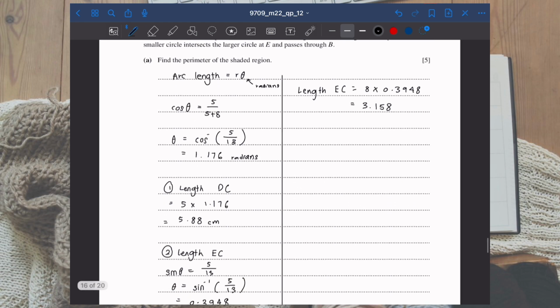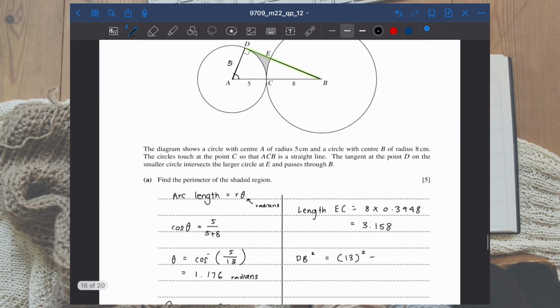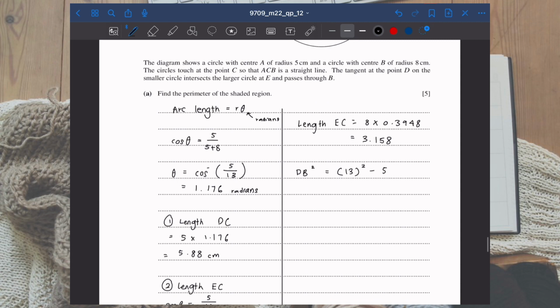So DB square will be 13 square minus 5 square. So that gives us 144.